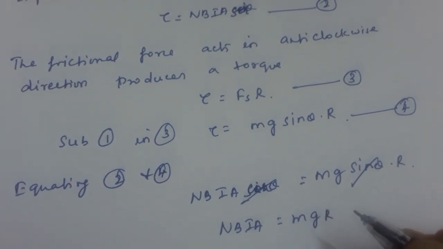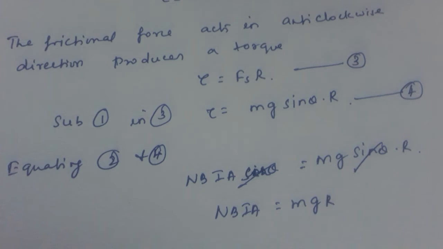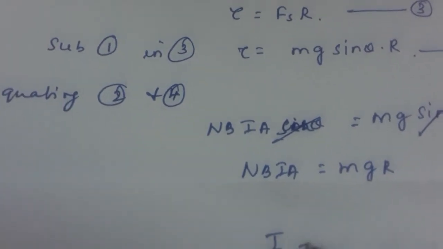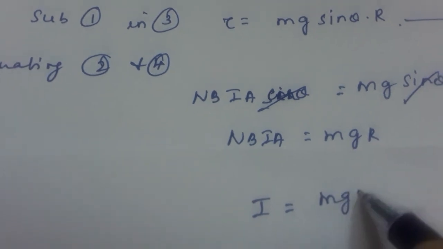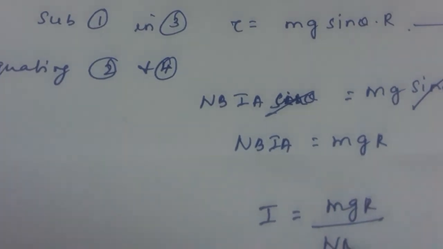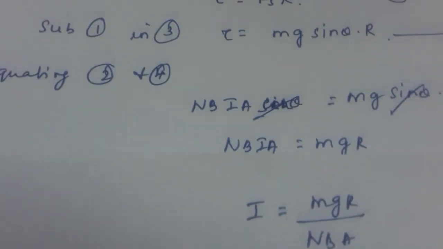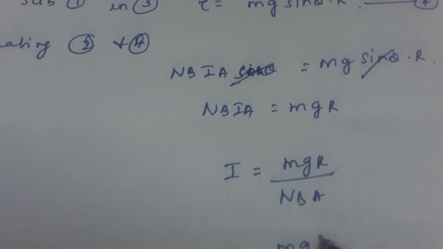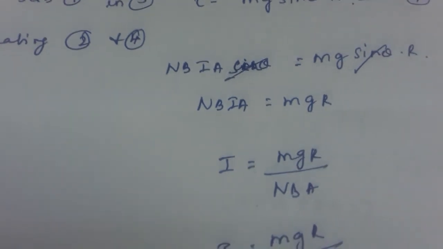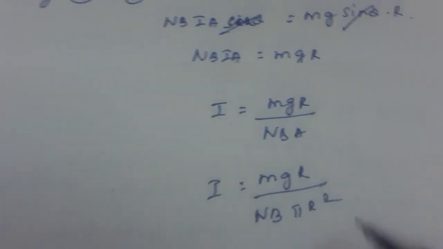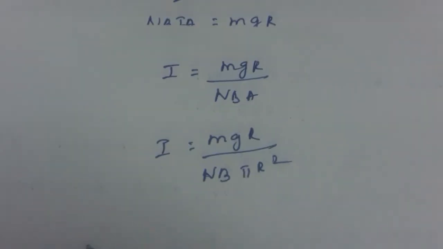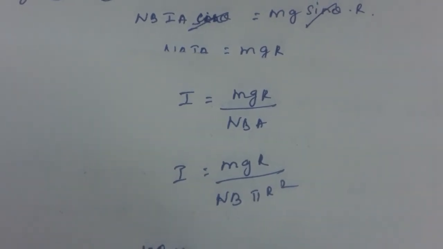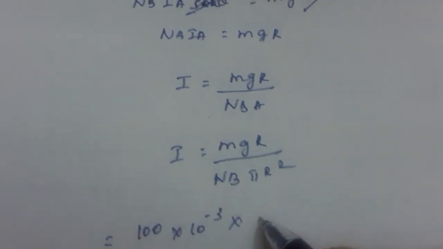So what we have to calculate is I. So we can write I is equal to mgr by nBA. Okay. For A, I am going to substitute pi r square. So it is mgr by nB pi r square. Okay. Now substituting the values. Mass is 100 grams, so it is 100 into 10 raised to minus 3 into g.